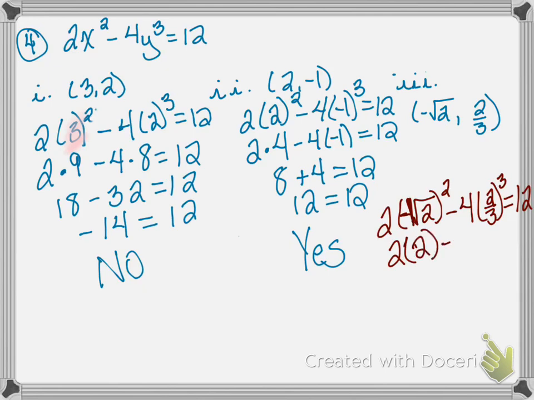Now, we have a fraction here. So I'm going to do 2/3 to the third. And we talked about our properties of exponents in 131. If you don't remember, this 3 belongs to the 2 and the 3. So this is 2 raised to the third power and 3 raised to the third power.